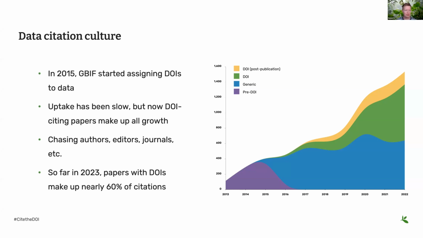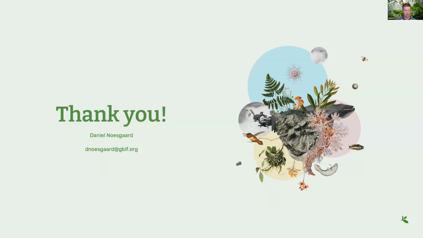This has not been easy. It has involved a lot of chasing directly corresponding authors, editors, journals, and so on. But I'm very happy to say that so far in 2023, papers with DOIs make up nearly 60% of the citations that we encounter. So that's it for me. Thank you.